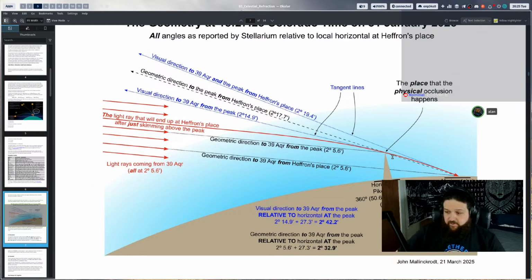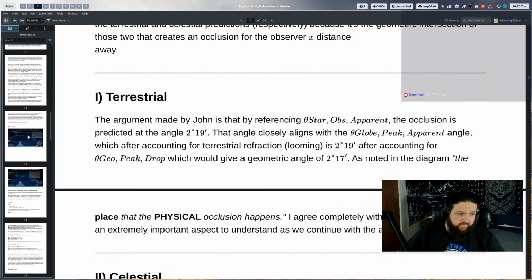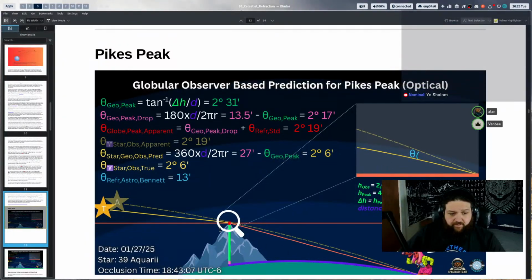So in order to determine the angle that occluded the star, we have to go to the peak and reference where its true position was with respect to that peak. And if it's at the same angle that we would have calculated for the relative angle to the peak from our position, then we could draw a nice little tangent that goes all the way to the star like we do here. So this pink line here.